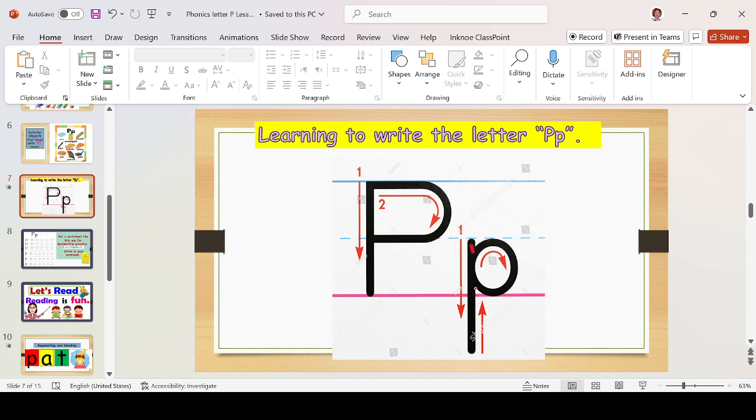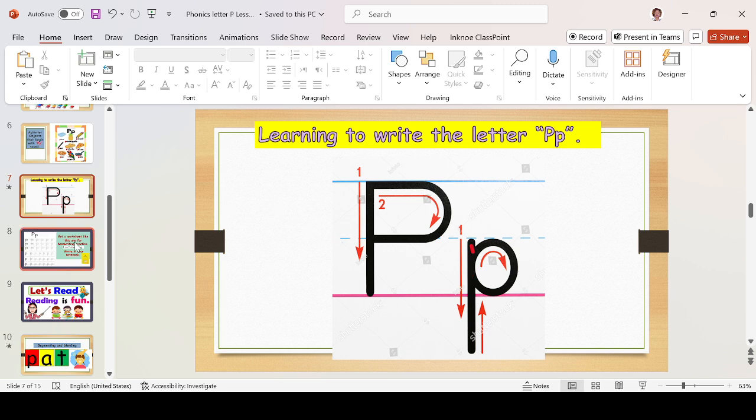Then you go down. Then you start again. The top, you make like a circle. I want you to practice. Write 1, then a 2, the lowercase one, 1, then a 2, you put the circle, all right?